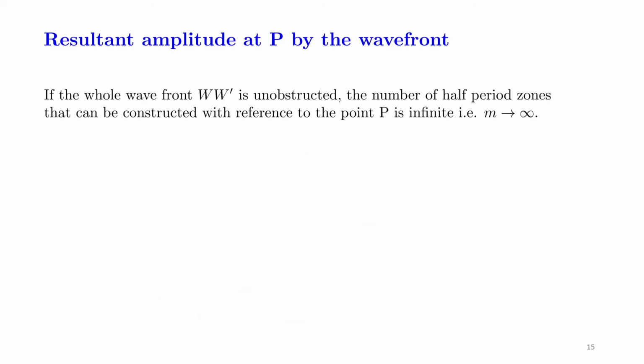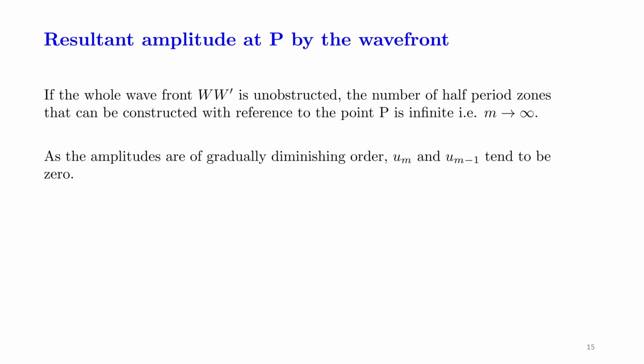Now, if the whole wavefront w dash is unobstructed, that is, there is no aperture in between the wavefront and the screen, the number of half-period zones that can be constructed with reference to the point P is infinite. That is, m becomes infinite.